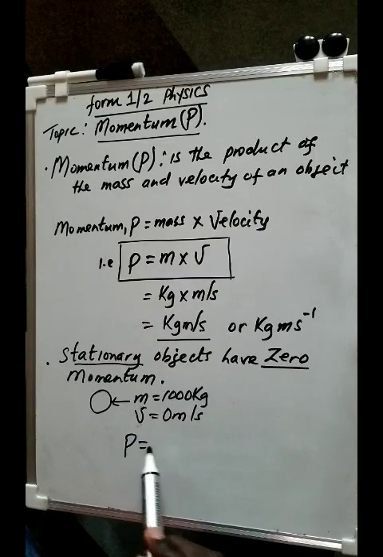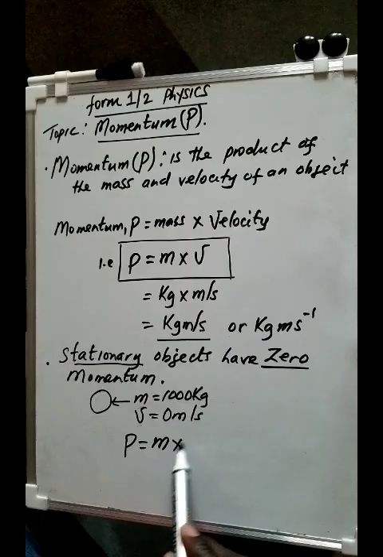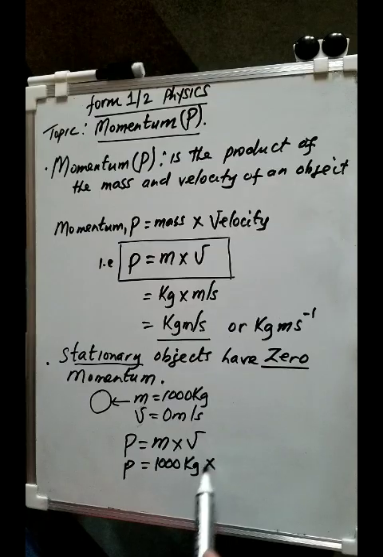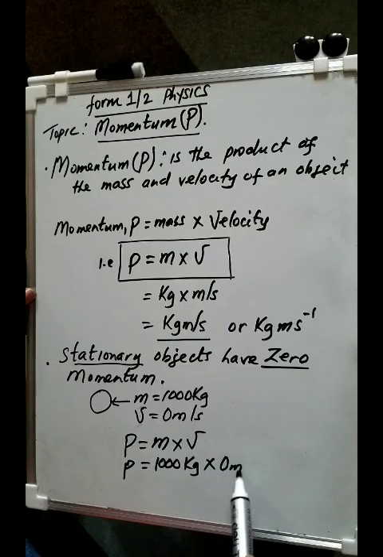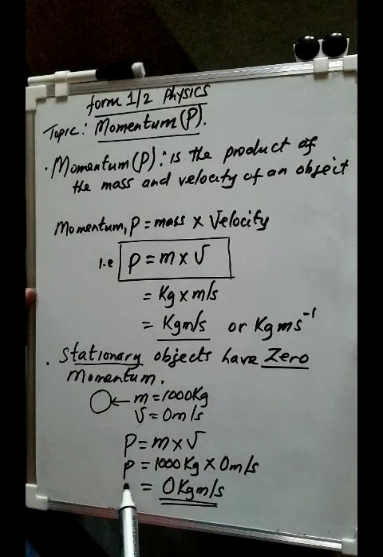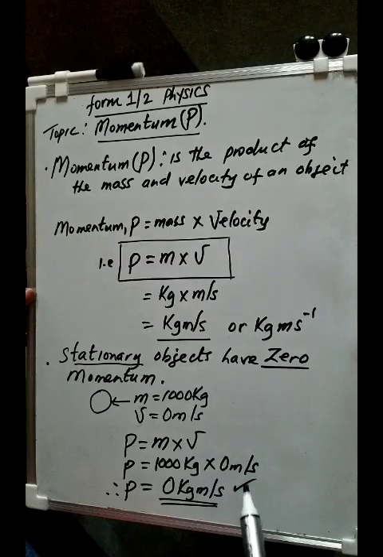If you calculate the momentum, which is mass multiplied by velocity, it is 1000 kg multiplied by 0 meters per second. 1000 times 0 gives you 0 kg meters per second. So you can see that the momentum is 0.